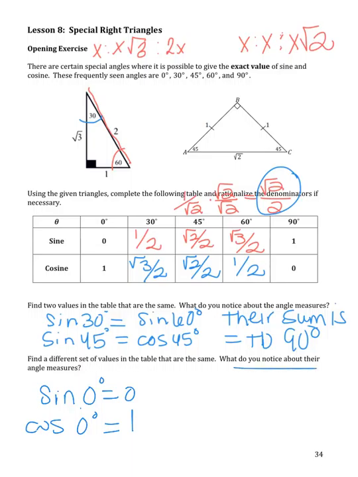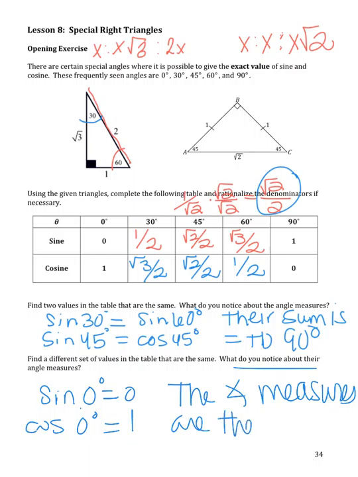And what we notice about their angle measures is that they are the same. So the moral of the story is that when the angle measures are the same, the sine and cosine functions will not have the same values. But if their angle measures have a sum of 90 degrees, then they will have the same exact values.